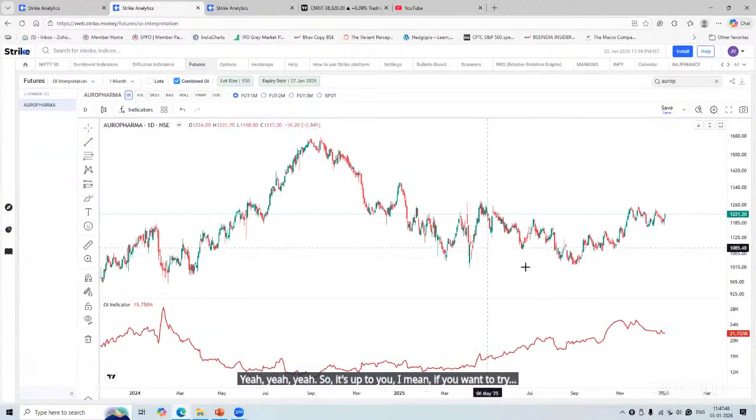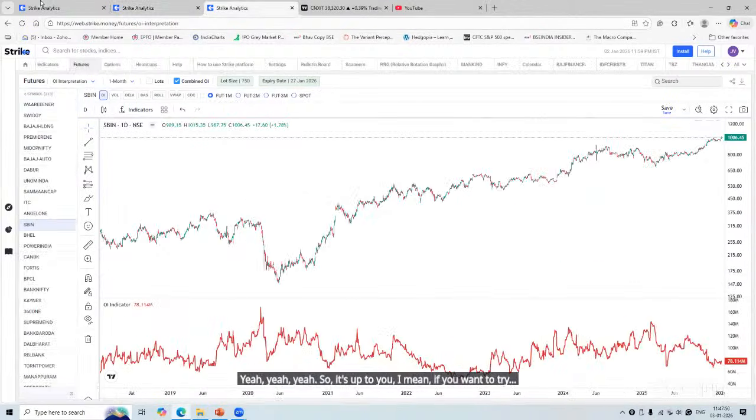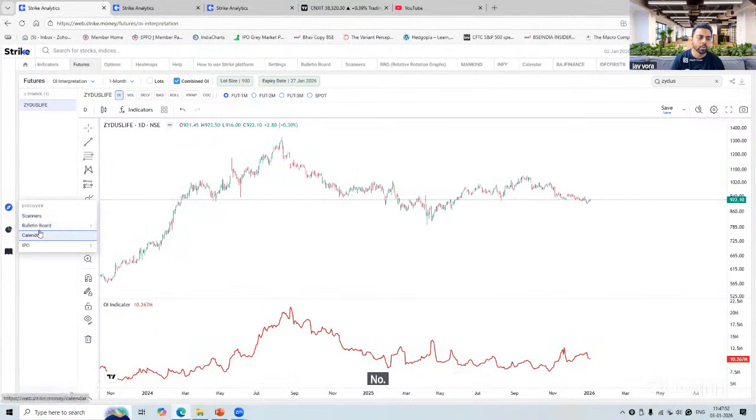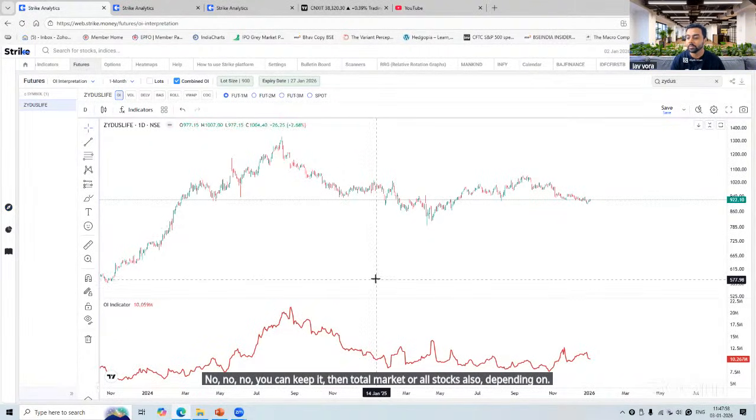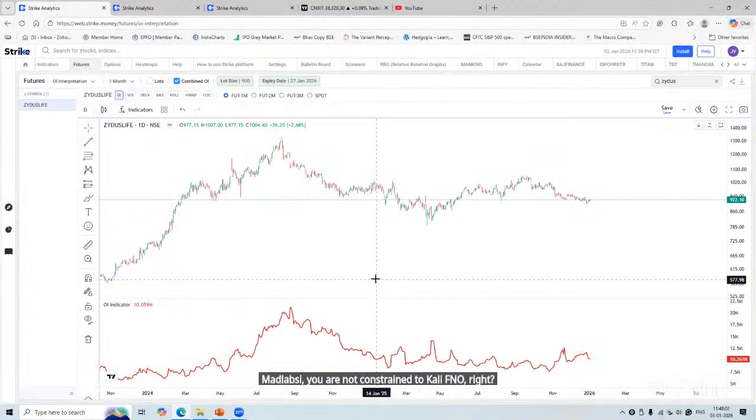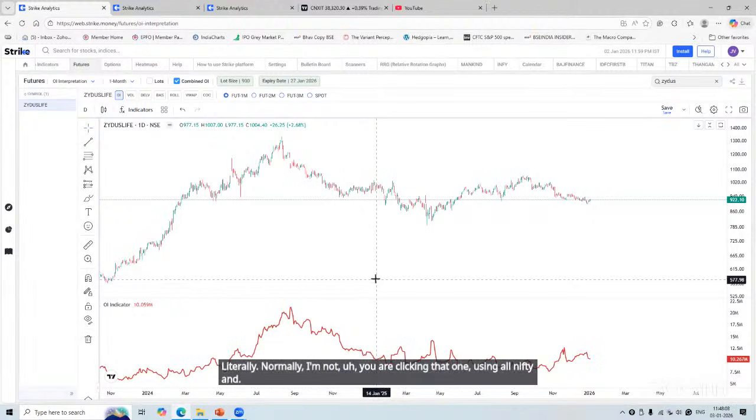I'm a positioner on a long term basis, so should I keep FNO or not? No. You can keep it, then total market or all stocks also, depending on. See, you are not constrained to only FNO, right? Because normally I'm not clicking that one, using all Nifty and indices and my watch list.